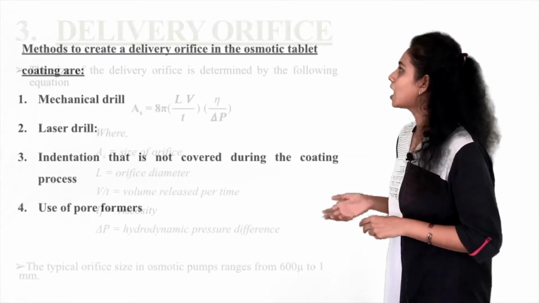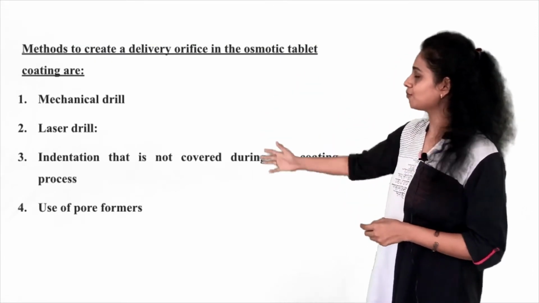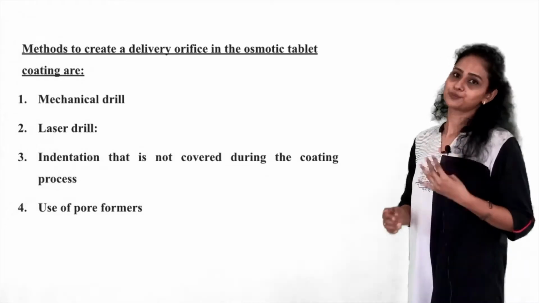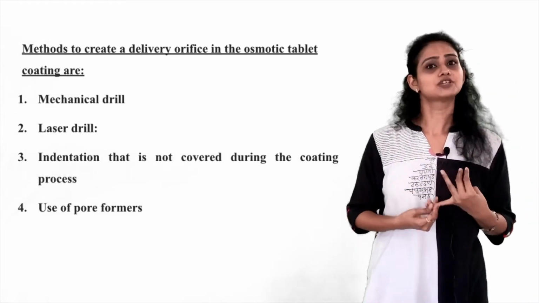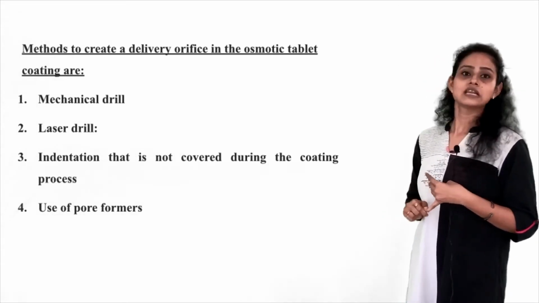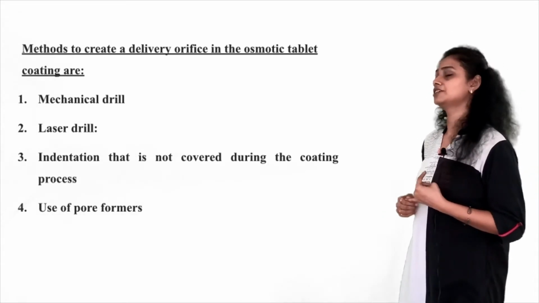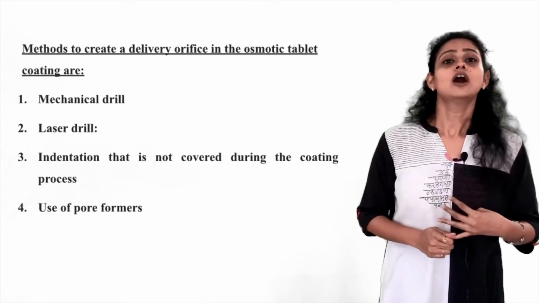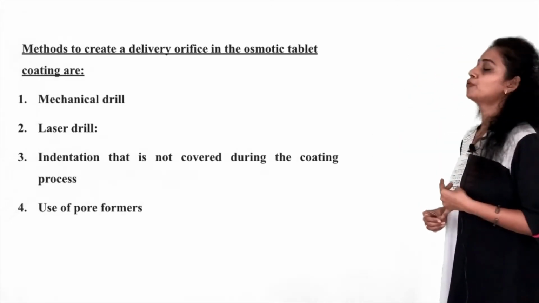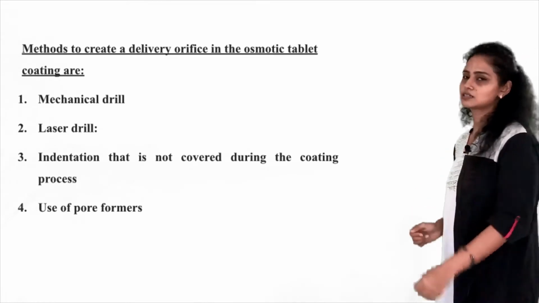Now, next is how I can achieve this delivery orifice. There are 4 different approaches by which I can achieve it. First is mechanical drilling, second is laser drilling, third is indentation that is not covered during the coating process, and the last is the use of pore formers.